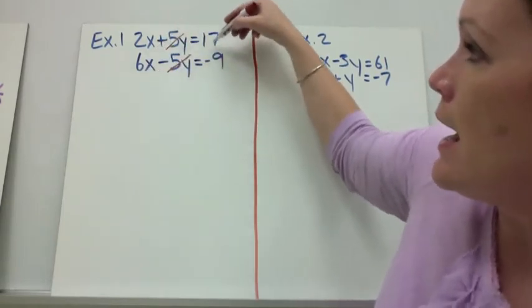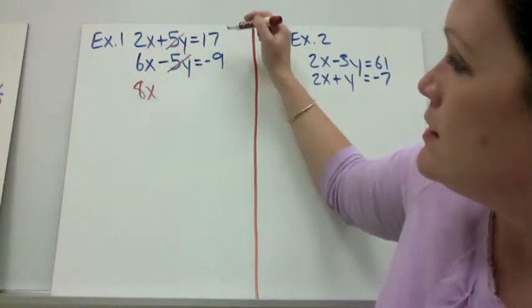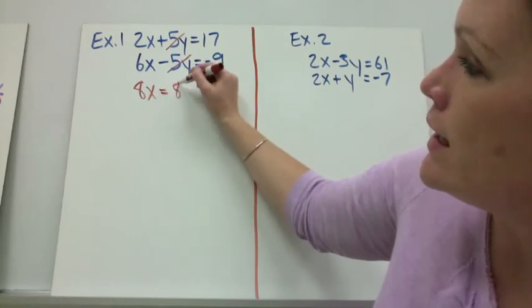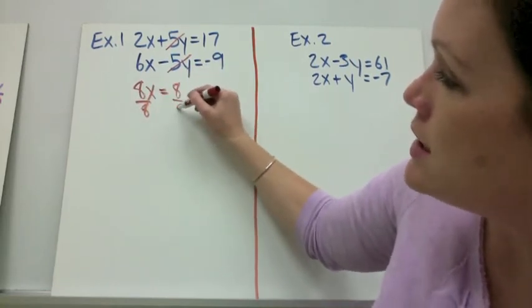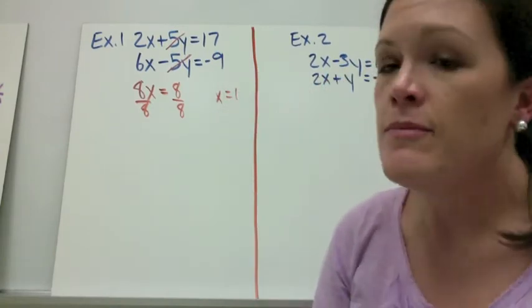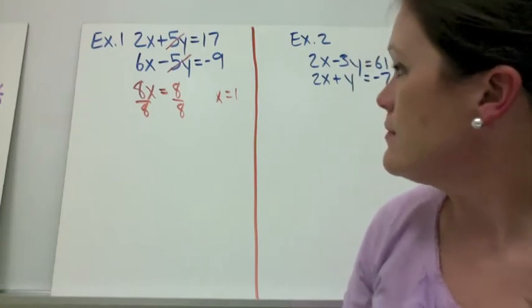Then you simply add what's left. 2x plus 6x gives you 8x, and 17 plus negative 9 equals 8. We divide both sides by 8 and get x equals 1. Then you plug the 1 back into either one of the original equations to get y.